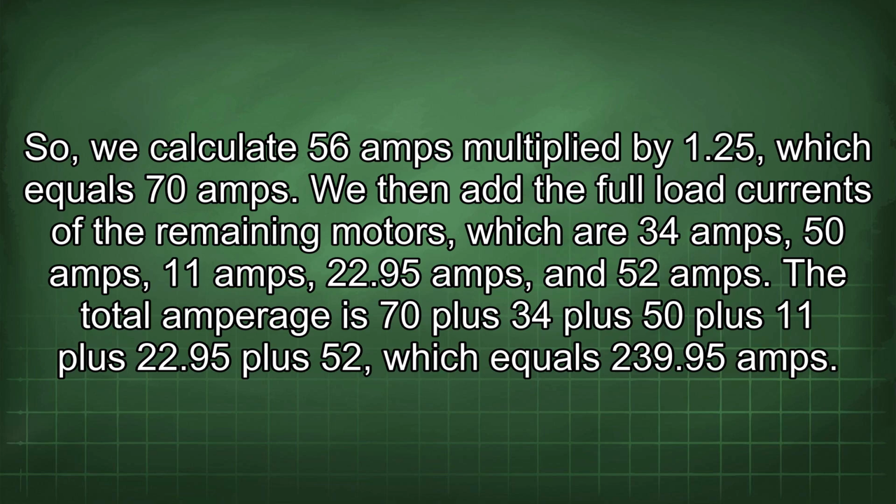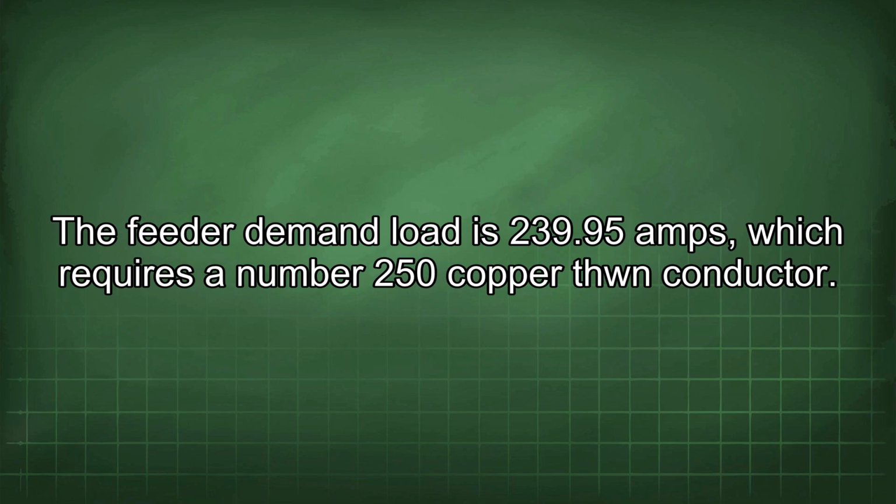We then add the full load currents of the remaining motors, which are 34 amps, 50 amps, 11 amps, 22.95 amps, and 52 amps. The total amperage is 70 plus 34 plus 50 plus 11 plus 22.95 plus 52, which equals 239.95 amps. The feeder demand load is 239.95 amps, which requires a number 250 copper THWN conductor.